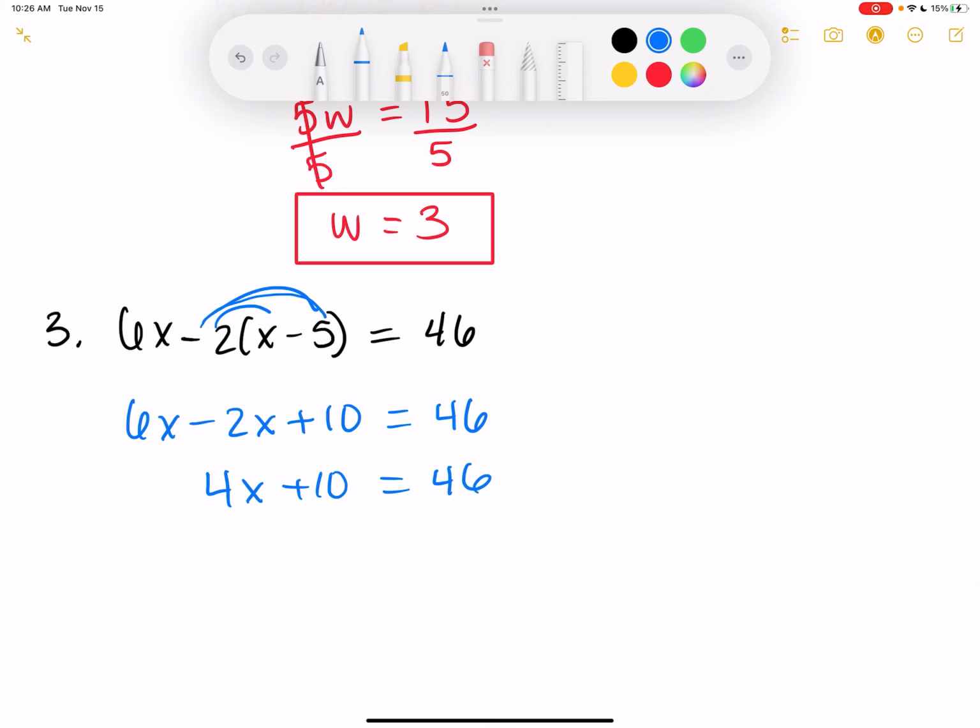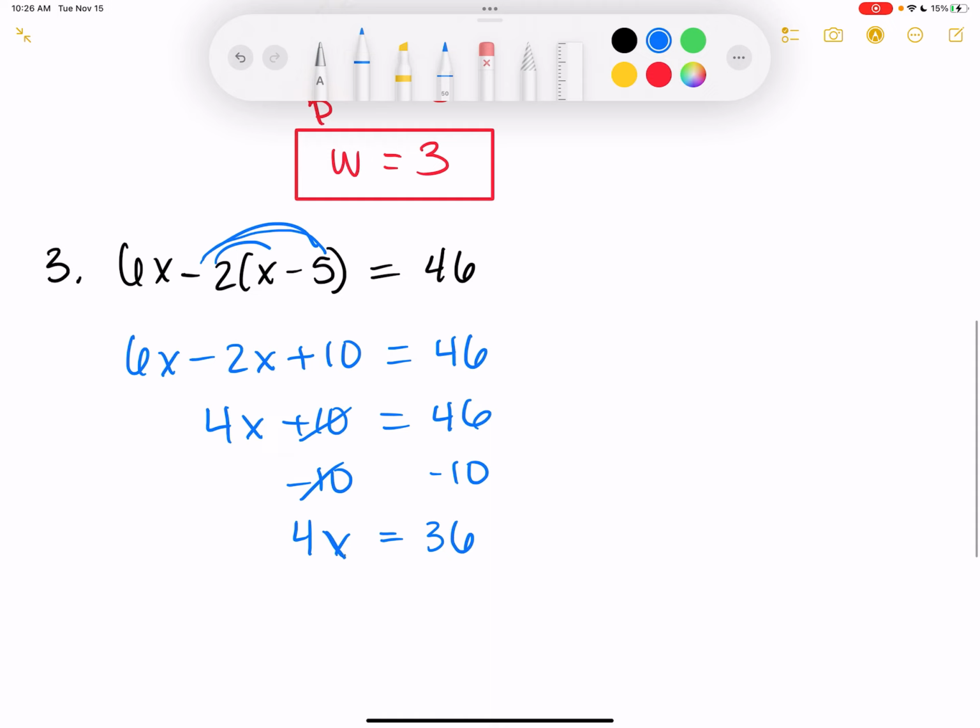Then what? Subtract 10 on both sides. That leaves me with 4x equals 46 minus 10, which is 36. Now what do I do? Divide by 4 on both sides.